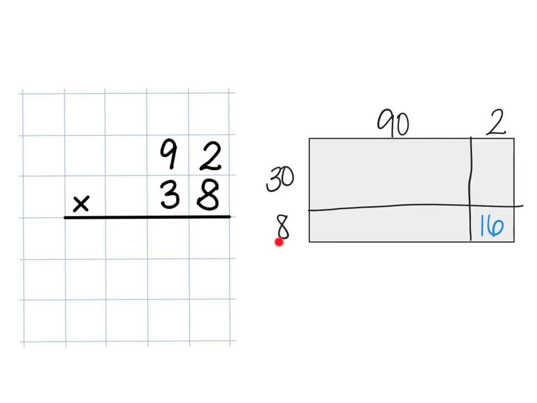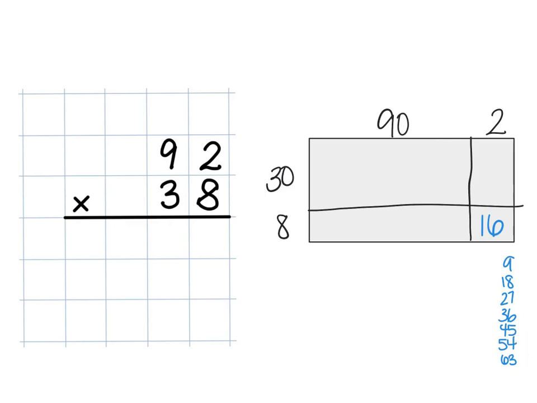So 9 times 8 is, if you don't know, time to write it off to the side. 9, 18, 27, 36, 45, 54, 63. How many is that? 1, 2, 3, 4, 5, 6, 7.